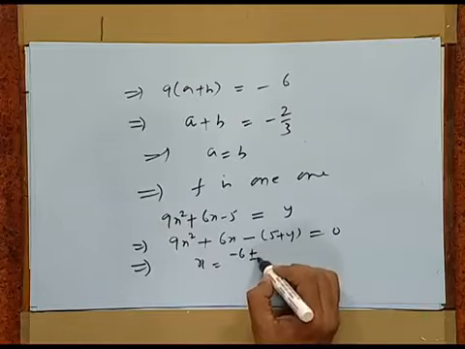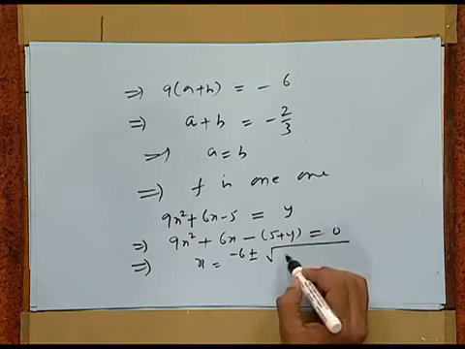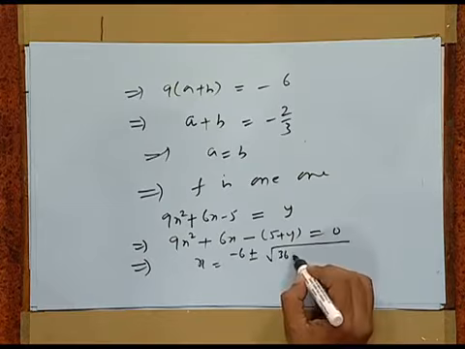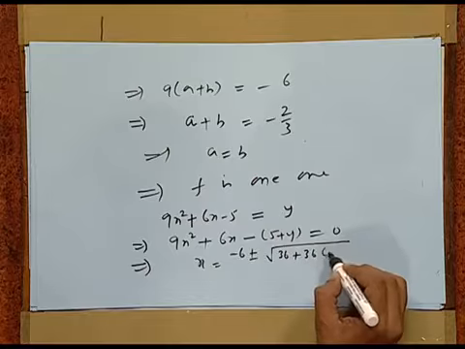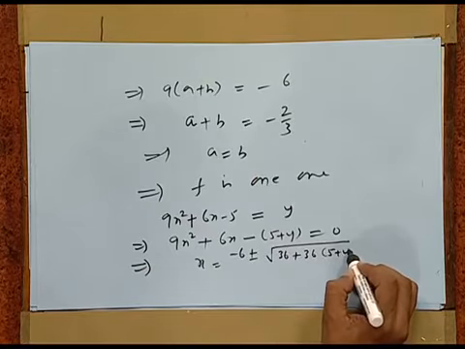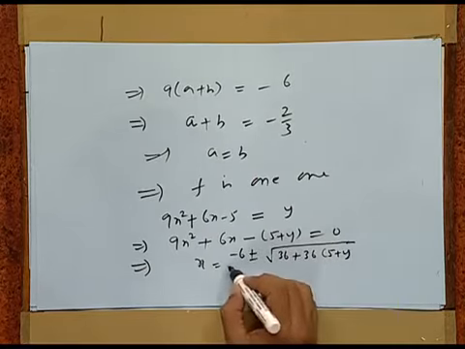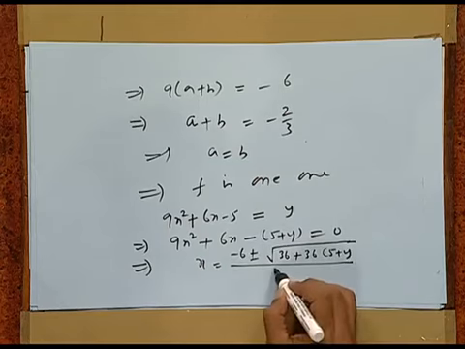By the formula for the quadratic equation, we have x equal to minus 6 plus or minus the root of 36 plus 36 times (y plus 5), upon 18.